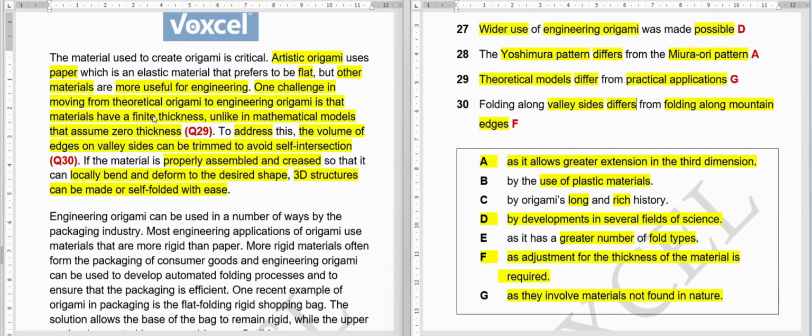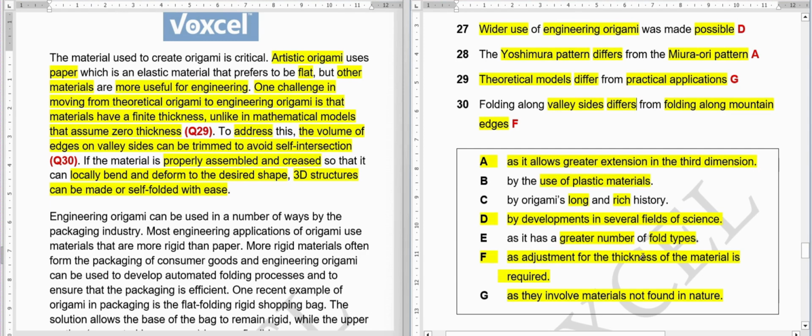In the 29th question, what we said, the main issue is that material with zero thickness does not occur in nature naturally on its own. So to address this issue, we trim the edges to avoid self intersection. So that's the difference. I hope it is clear.